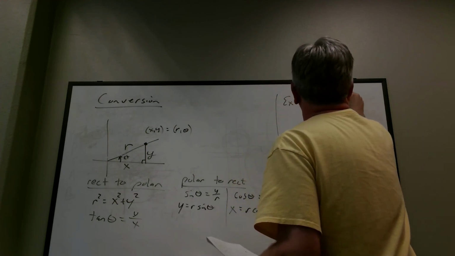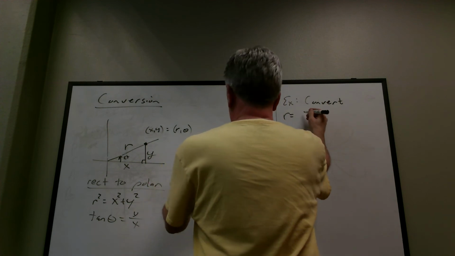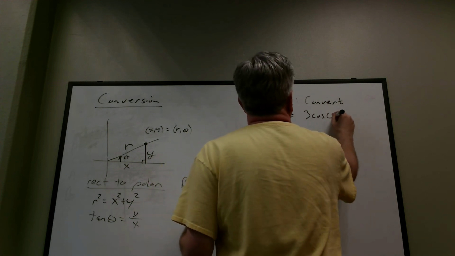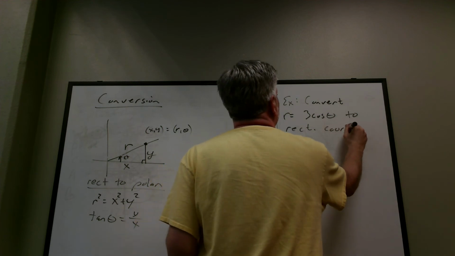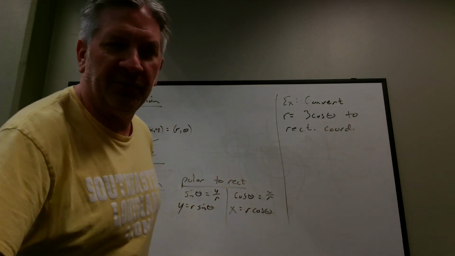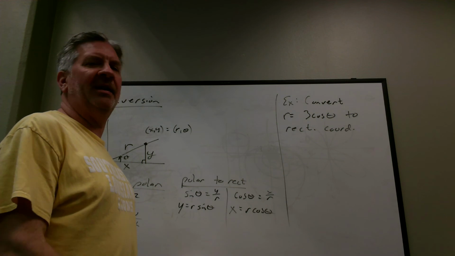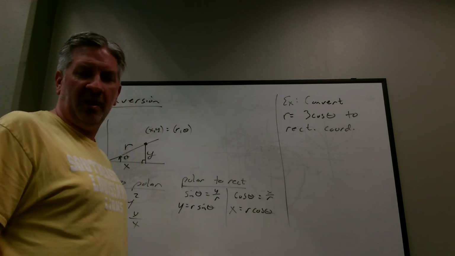Convert the equation r is 3 cosine theta to rectangular coordinates. Now, when I say convert, that means get rid of the r and the theta and replace everything with just x's and y's.